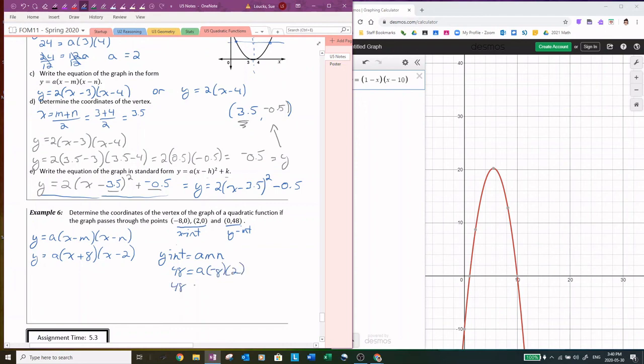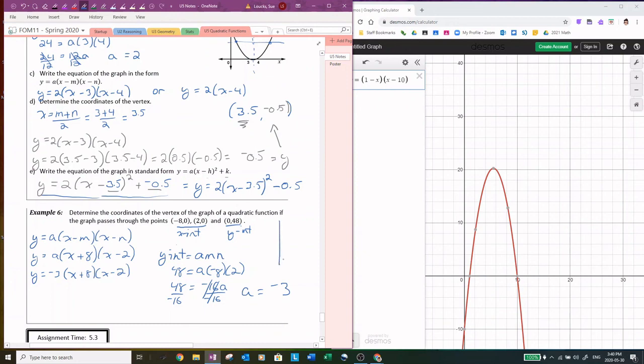So 48 equals -16a. If I divide that by -16, I divide that by -16, I get a equals -3. So my equation is y equals -3 times x plus 8 and x minus 2.